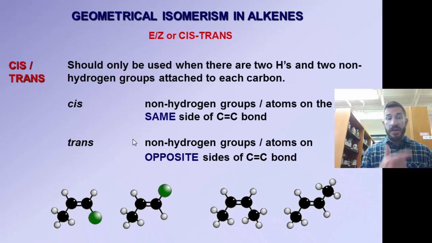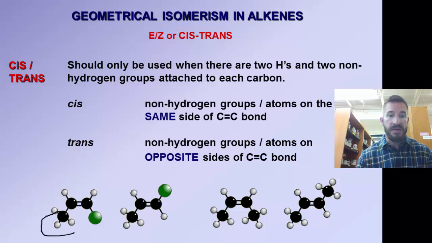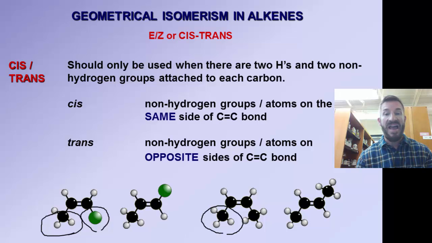So we have here the cis, and for this, we would expect the cis to be on the same side. This would be a cis, because we have a methyl and a chlorine group on the same side. This would also be a cis because we have a methyl and a methyl. Methyl means CH3 on the same side. So those are both cis.